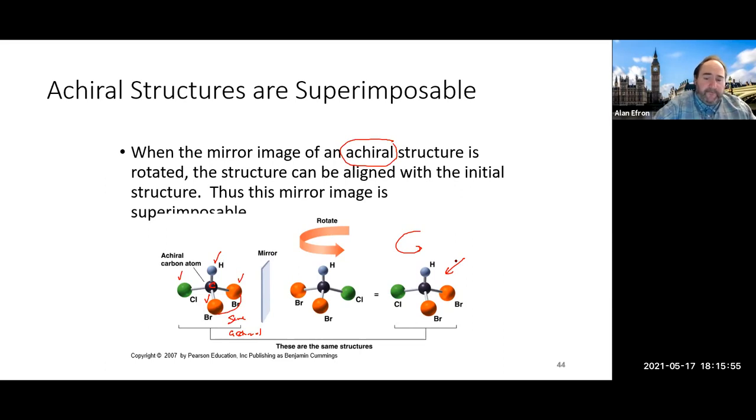So a chiral compound, and especially a chiral carbon, needs 4 different groups attached to that carbon. The mirror image does not superimpose. Achiral is one where you don't have 4 different groups attached to the carbon, and the mirror image will superimpose on each other. Any questions on that there?